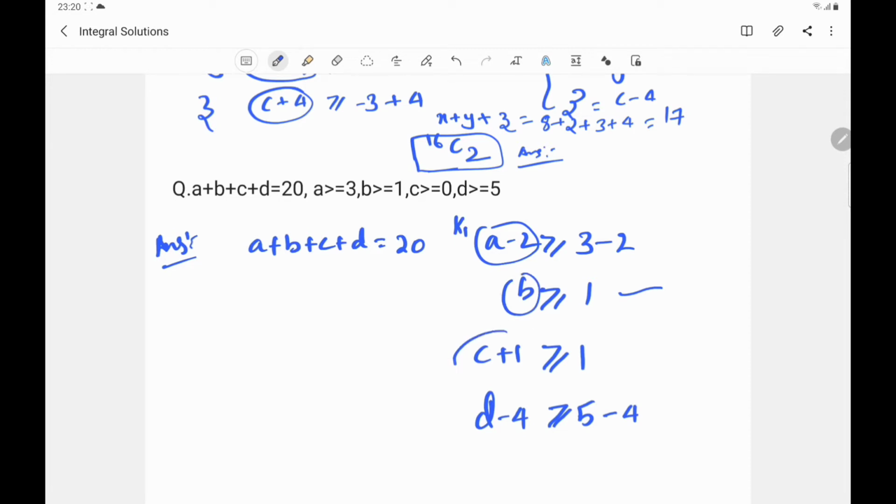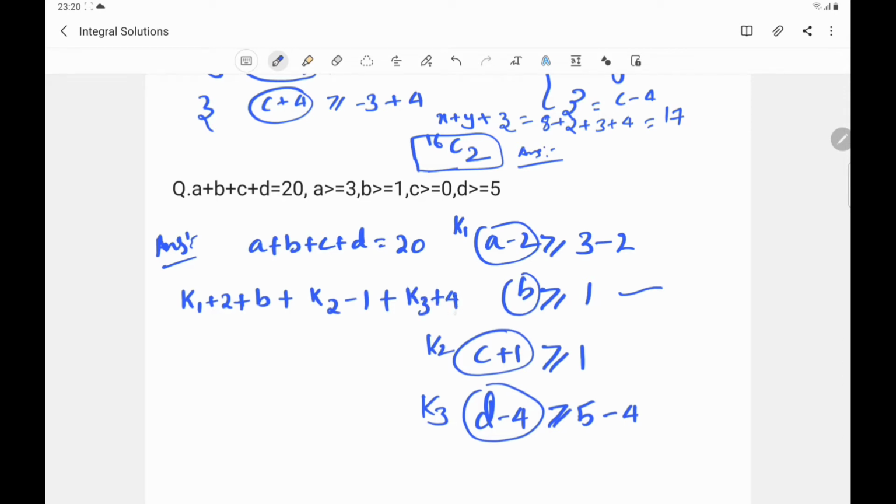Let this be b itself. This is k2 and this is k3. So instead of a, I'll write k1 plus 2, and b will remain as such. And instead of c, I'll write k2 minus 1, and instead of d, I'll write k3 plus 4. This is equal to 20.